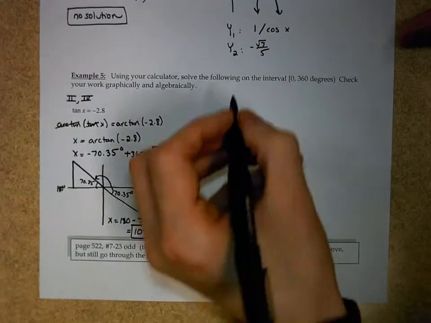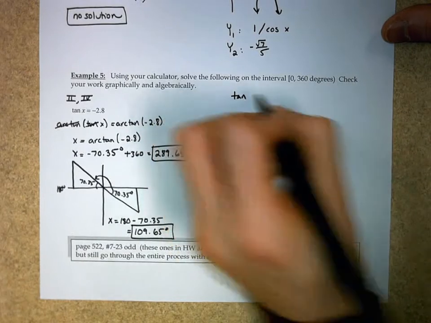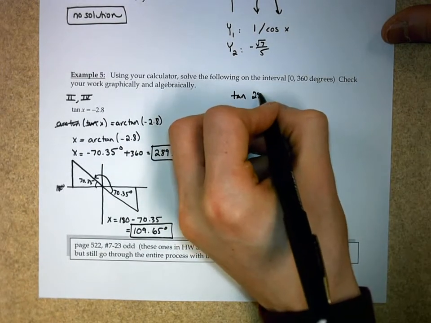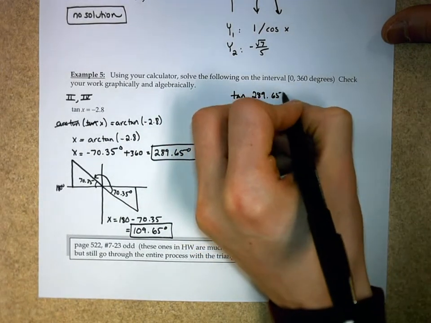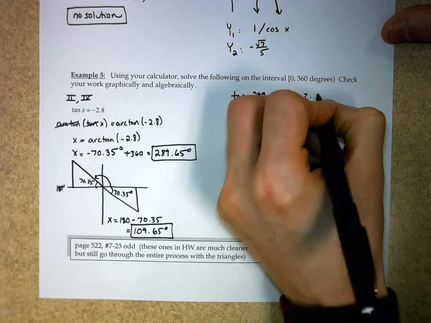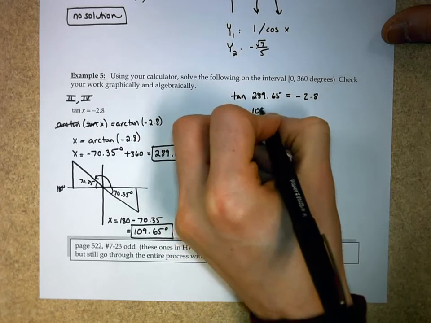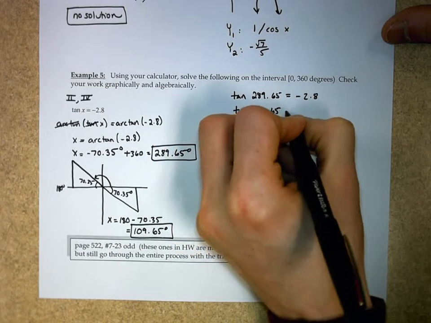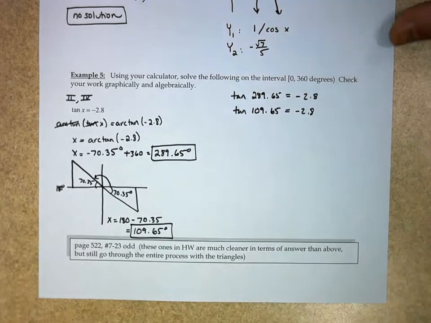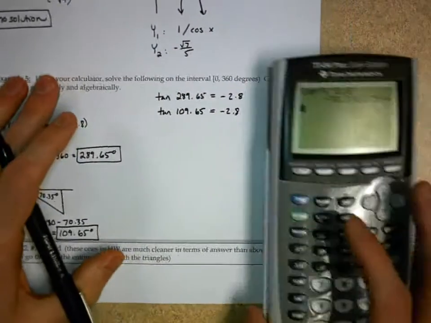So then we'll check algebraically. The tangent of 289.65 does equal negative 2.8, and the tangent of 109.65 does equal a negative 2.8.